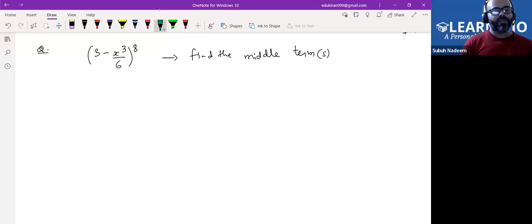And what will be that? Which position? Fourth one. That was the formula, n by 2, n plus 1 by 2. No, no, we did this now. Have you noted it down?